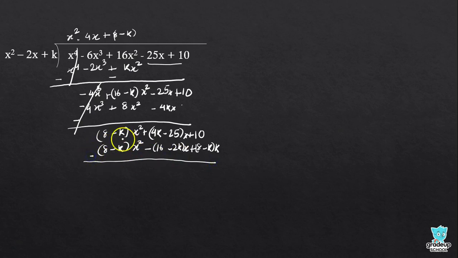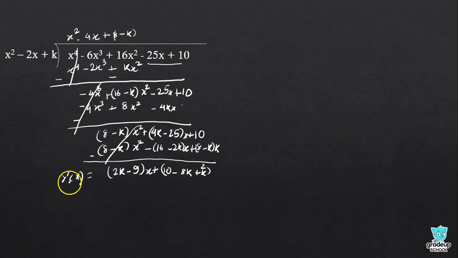Like terms get cancelled out upon subtraction, so we are left with (2k - 9)x + 10 - 8k + k^2. So this is our expression r'(x).